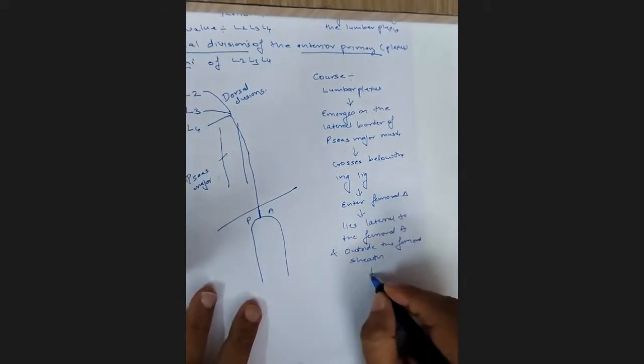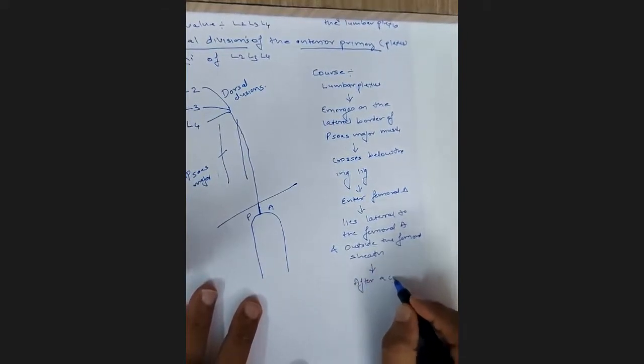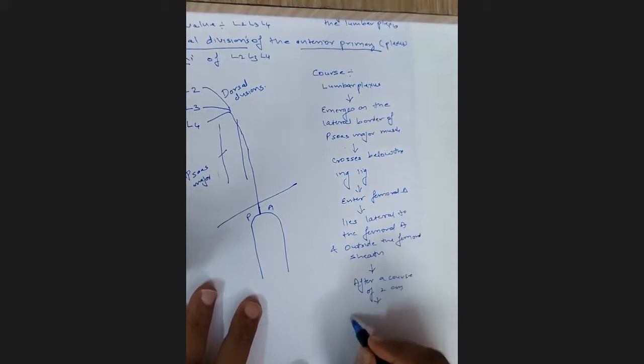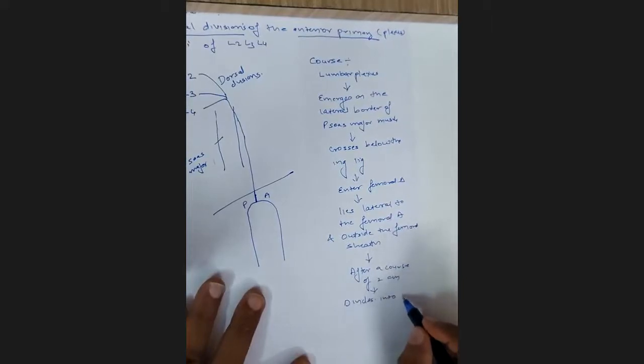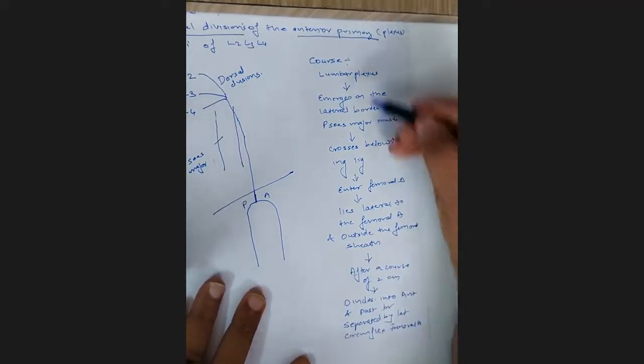And then, after a course of 2 centimeter, it divides into anterior and posterior branch, separated by the lateral circumflex femoral artery.